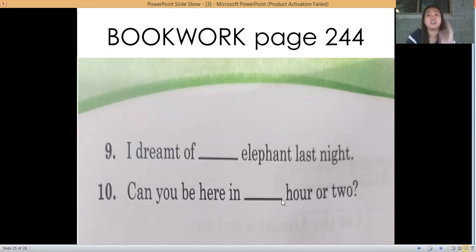Remember, it's not consonant letters, but consonant sounds. Okay po? Listen for number 10. Can you be here in blank R or two? An R or a R or two? Please write your answer. Okay, very good, guys.